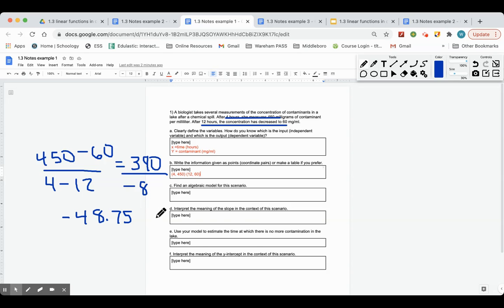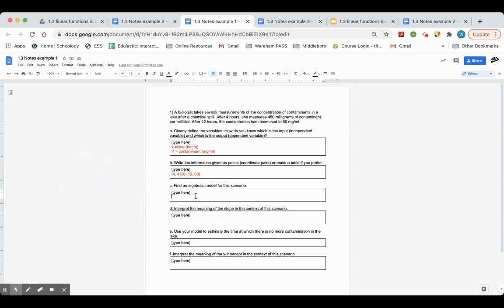All right, so the next thing I want to do is just choose one of these points and sub it into point slope form. So I'm going to choose the first point. So y minus the y I know is 450 equals the slope, negative 48.75, paren x minus the x I know, which is 4.